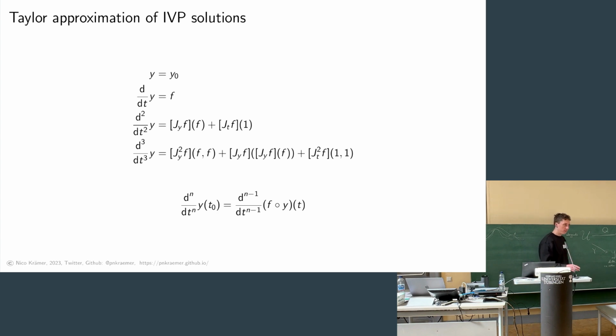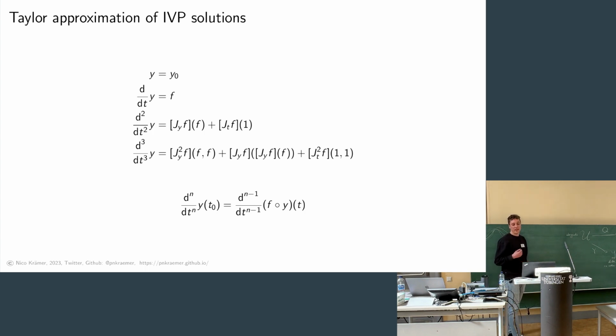So we're building this new function f of y of t, which is a function of t. And then we can use the ODE to relate our derivatives of y to the derivatives of this new function. And already we're building states with these high derivatives.